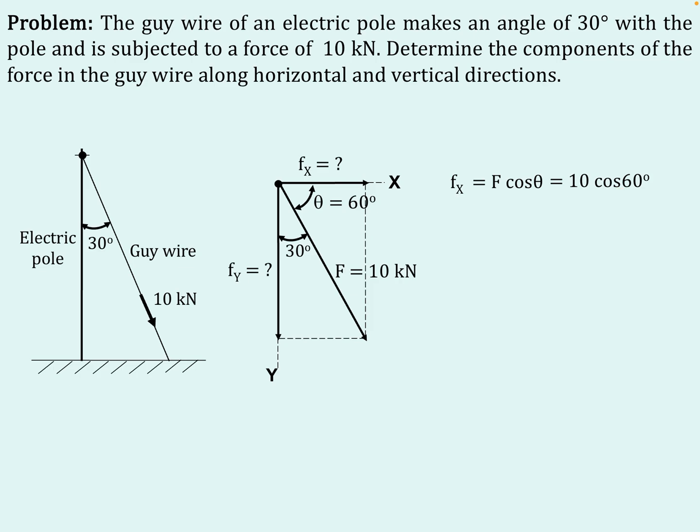So mere simplification will give this as 5 kilonewtons. But please note that this is acting to the right. And similarly, Fy is nothing but F sin theta. F is 10 and theta is 60 degrees, so Fy is 8.66 kilonewtons, and Fx is to the right and Fy is downward.